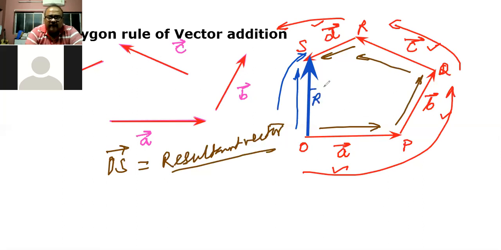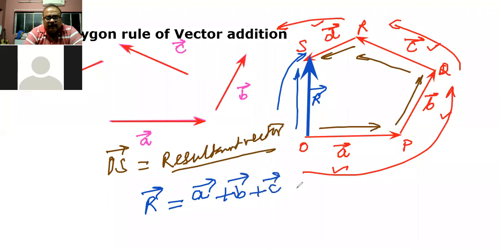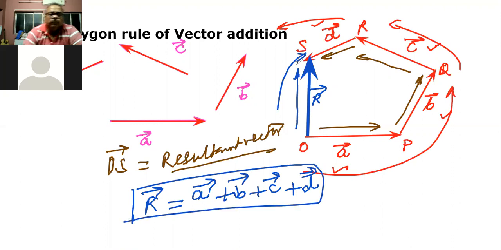If I take this as r vector, can't I say that r vector is equal to a vector plus b vector plus c vector plus d vector, isn't it? The resultant vector is therefore r vector equals a vector plus b vector plus c vector plus d vector. So this is the resultant of these four vectors.